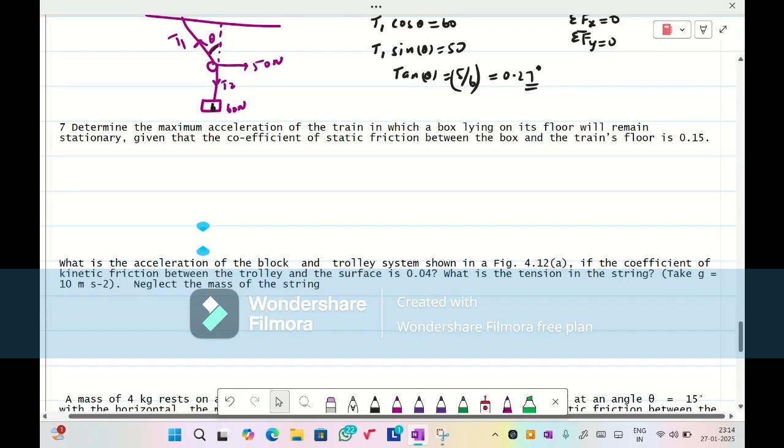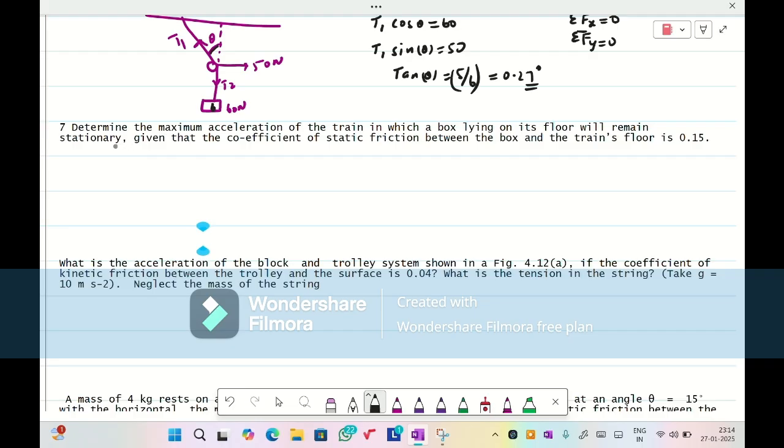Determine the maximum acceleration of a train in which a box lying on its floor will remain stationary. Find the maximum acceleration of the train.